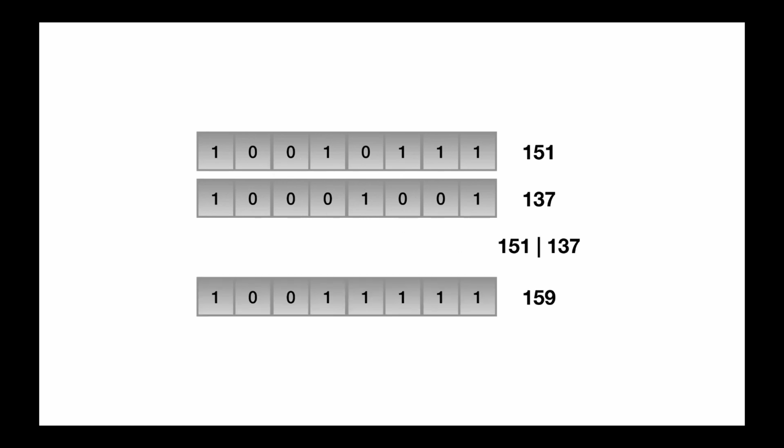So the result will now look like this, where wherever there is a 1, it becomes 1, irrespective of the other 0. But in case there is a 0, it's going to check the next one and then say it is 1, so it's going to result in 1. So the final result would be 1 0 0 1 1 1 1 1. If you convert this binary into decimal, you're going to get 159.